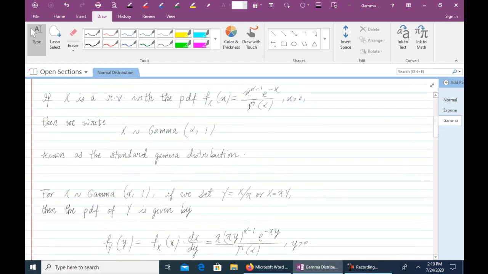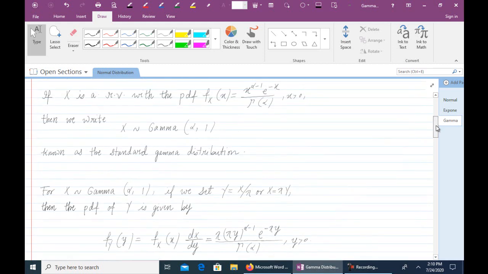In the standard gamma density, we replace x by lambda y, so lambda y to the alpha minus 1 e to the minus lambda y over gamma of alpha. That's what we have here, and then we are multiplying by dx dy, which is lambda. So this is when y is positive. So if I set y to be x over lambda, or x is equal to lambda y, then the PDF of y is given by this function.